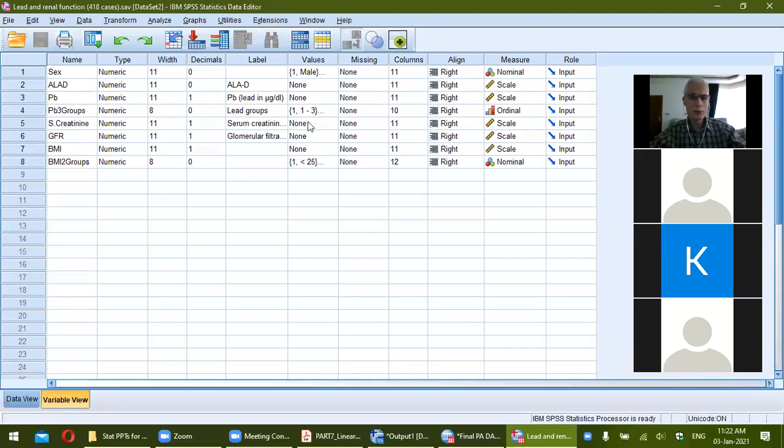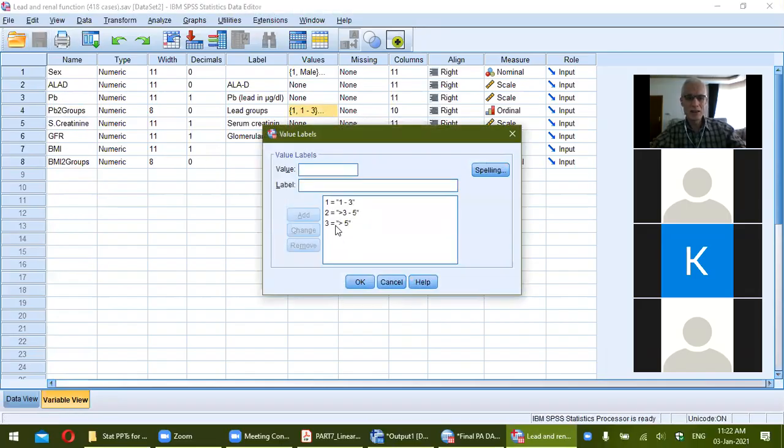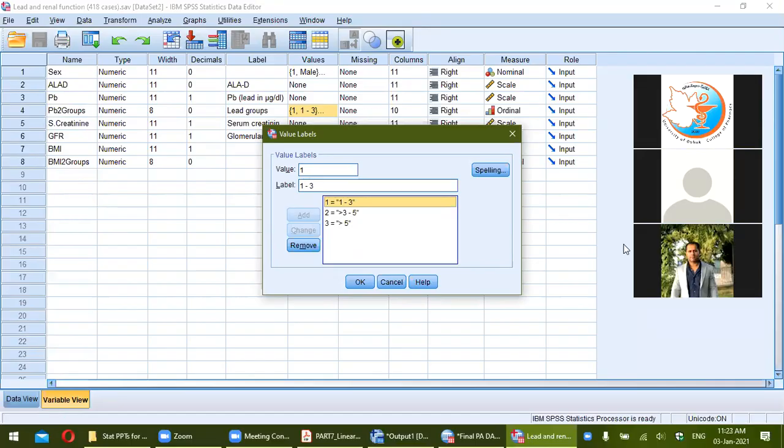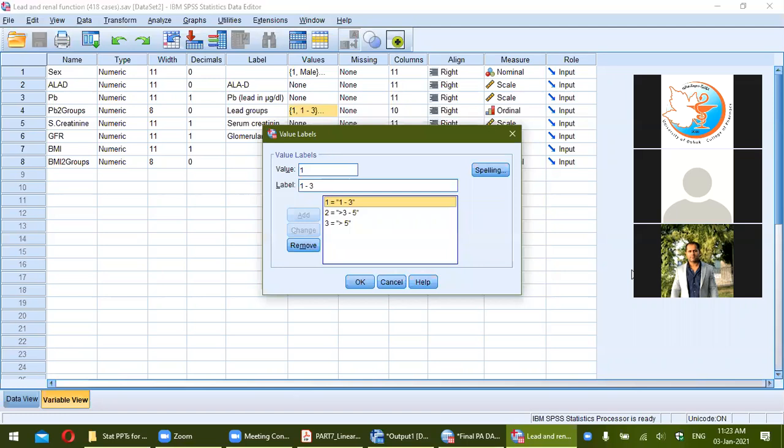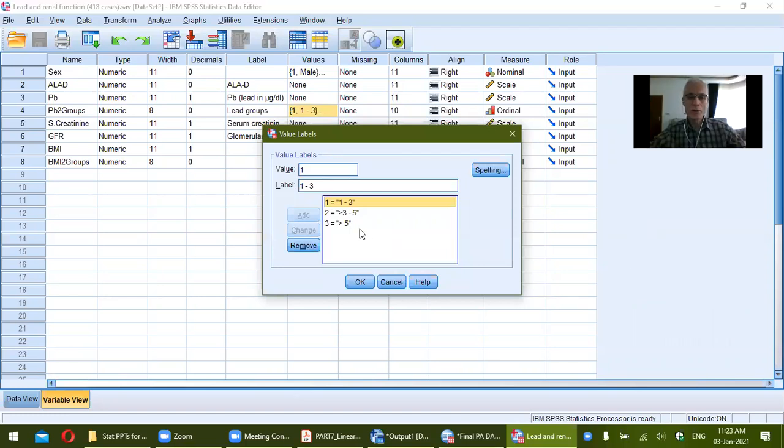Of course, there was another group. I think there was another group here, but I think this group is not present here. There was another unexposed group which really had a lower lead level.